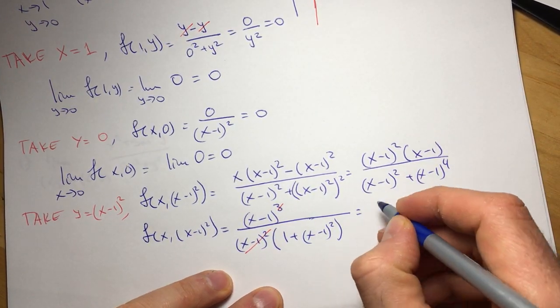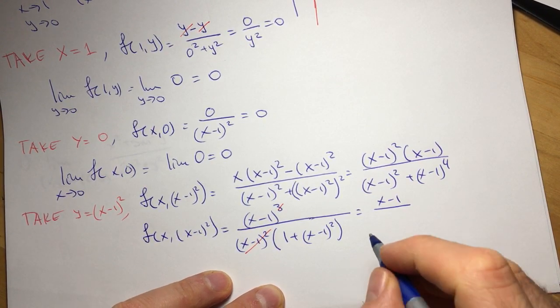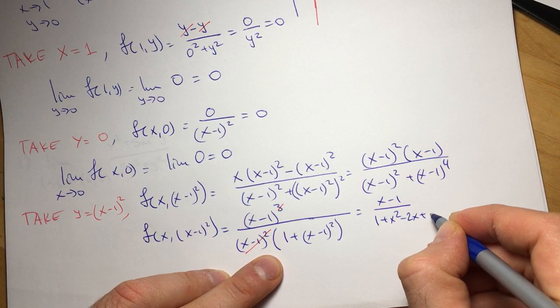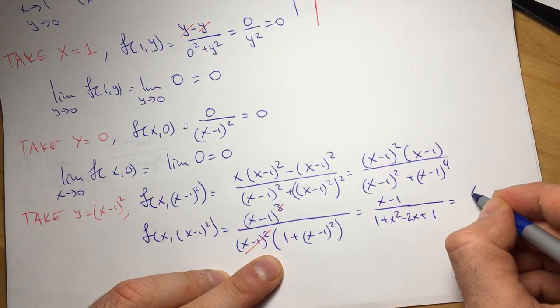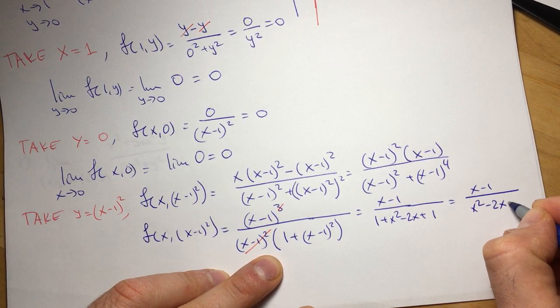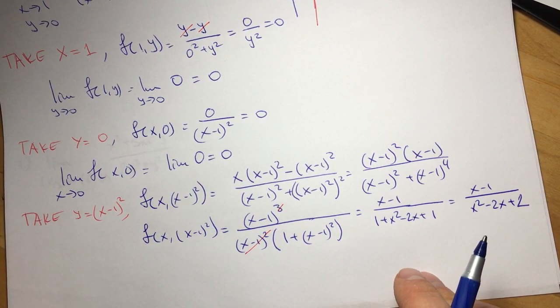And we're left with (x minus 1) over 1 plus x squared minus 2x plus 1, which is (x minus 1) over (x squared minus 2x plus 2). Okay?